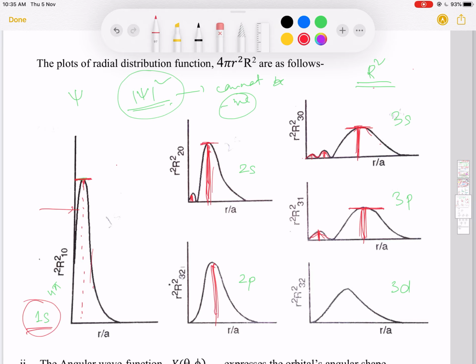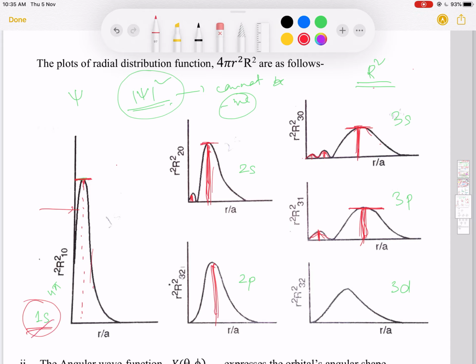When we discuss the angular function, I will tell you why these peaks are like this, why they are not steep like the 1s, but a little bit broad. For the time being, you just have to memorize these graphs, because they will be asked in the examinations.